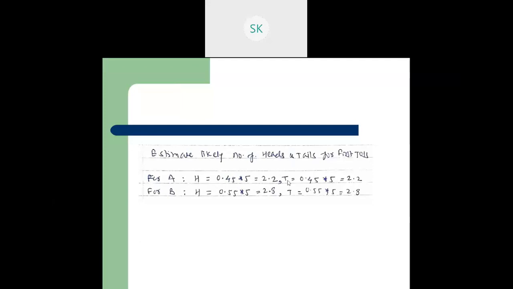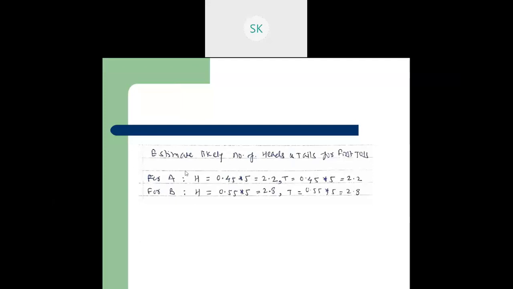With respect to the first sequence, total tails are 5 and the probability belonging to coin A is 0.45. The result is 2.2 only, because for both heads and tails the number is 2.2.